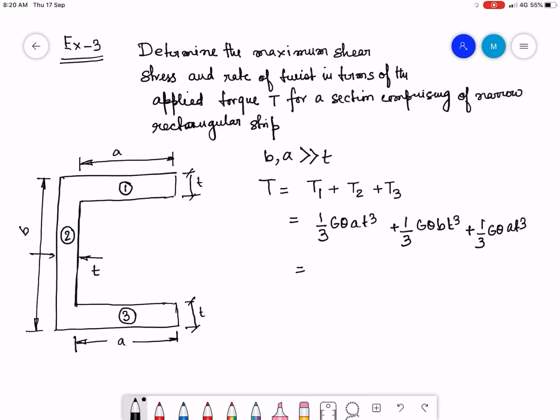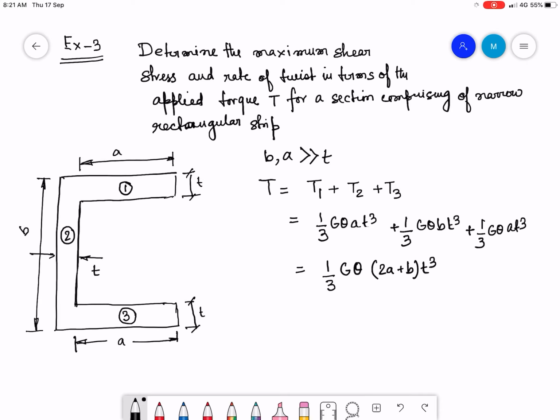So if I sum this up, it is going to be 1/3 G theta (2a plus b) t cube. So that is the relation between torque and the rate of twist theta.